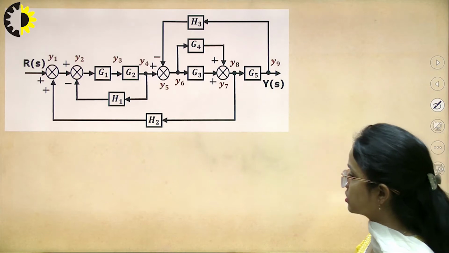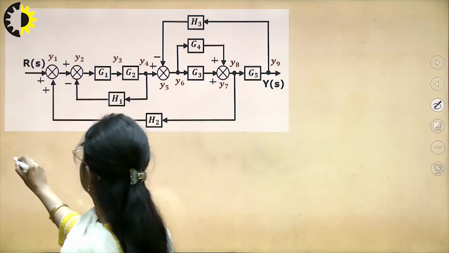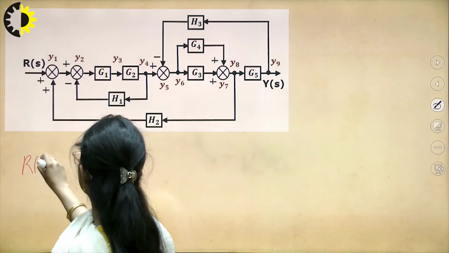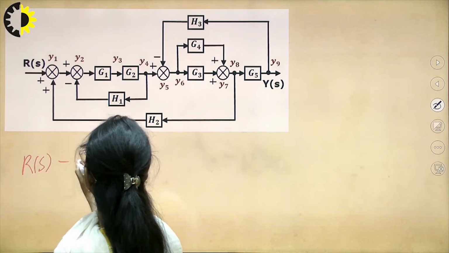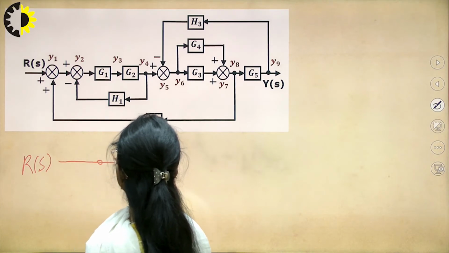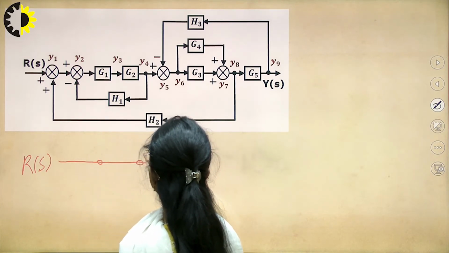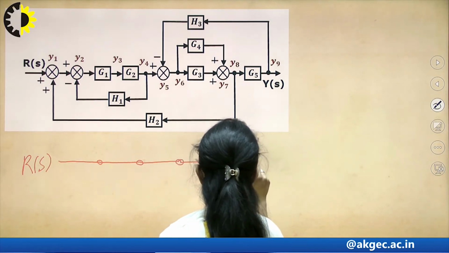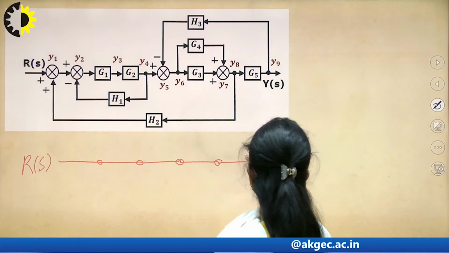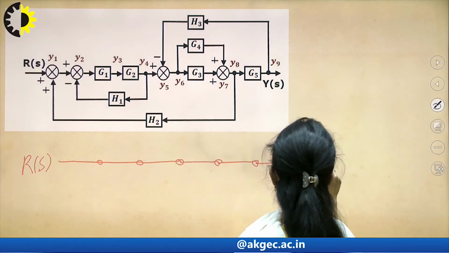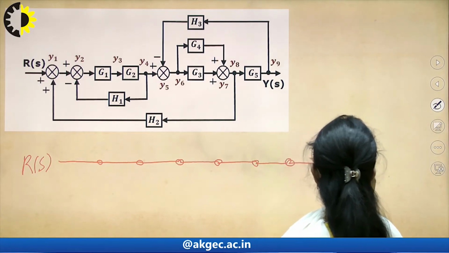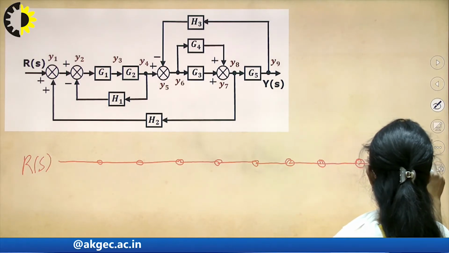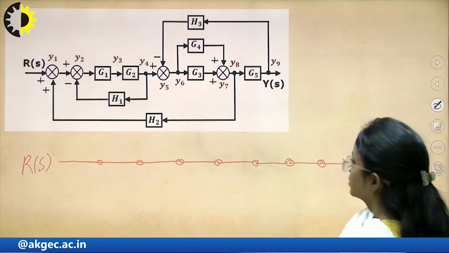So we will start from here, R, S, and we will try to make y1, y2, y3, y4, y5, y6, y7, y8, y9, and here is the output.